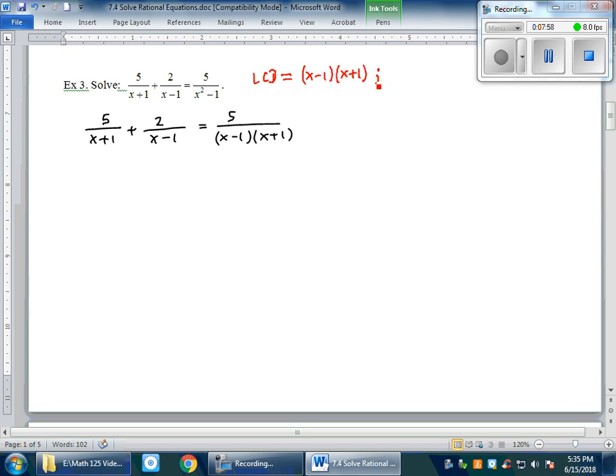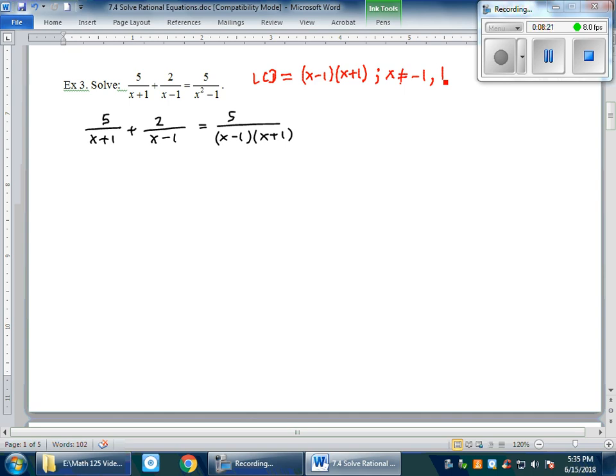And right away I can tell that for the first fraction on the left hand side, the denominator is x plus 1, so the value of x cannot be negative 1. And the second fraction on the left hand side is 2 over x minus 1, so the value of x cannot be 1 because that's going to become 0 and undefined.